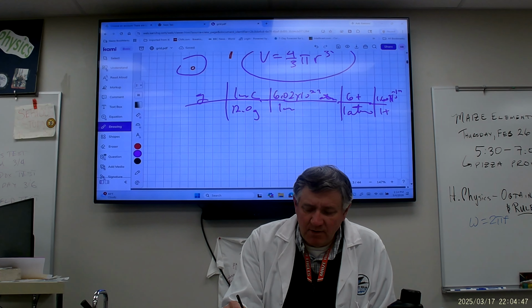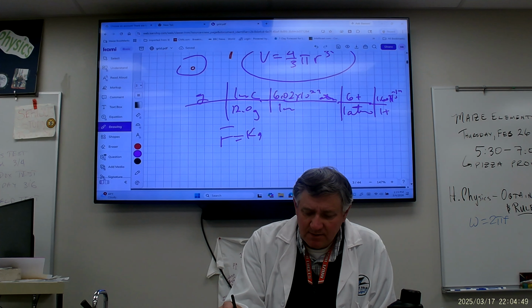Then you're going to go F equals k q1 q2 over distance squared. The value of that force should be about 8 times 10 to the 7th. Now, let's think about this.